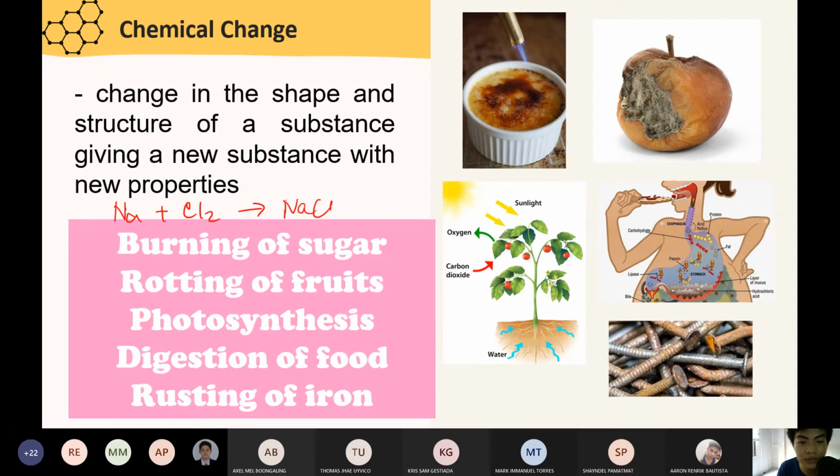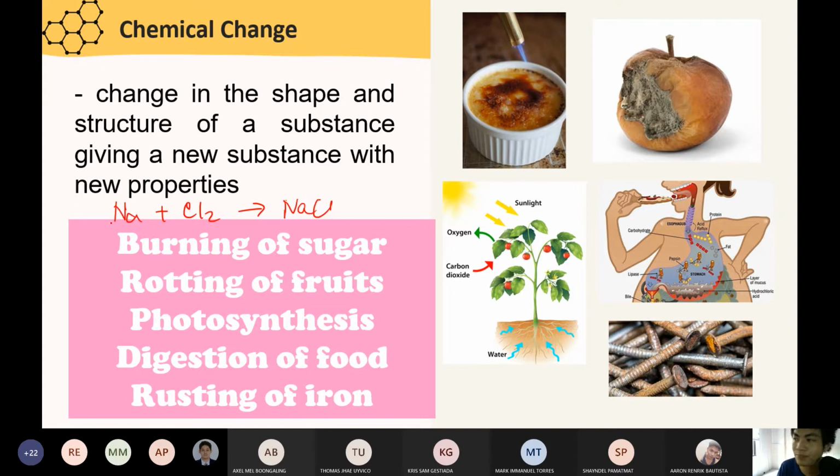And we know that when you have sodium chloride, it doesn't explode in water. And at the same time, when you digest it, it doesn't cause harm. Kasi, sabi nga natin, when we are doing chemical changes, the properties of the final product will be very different from your reactants.